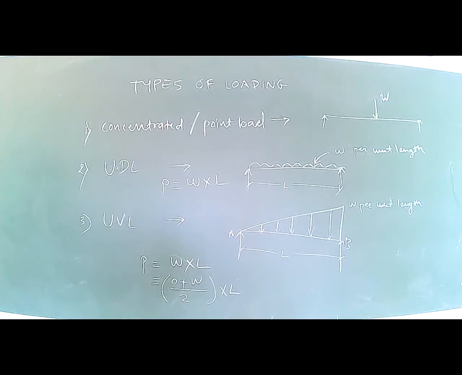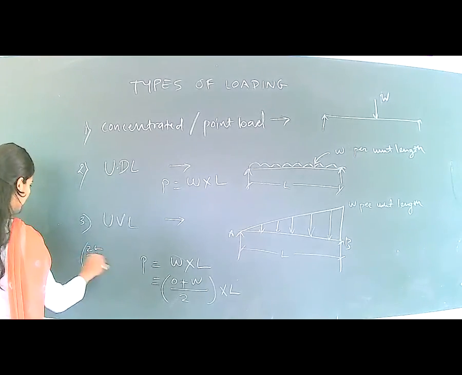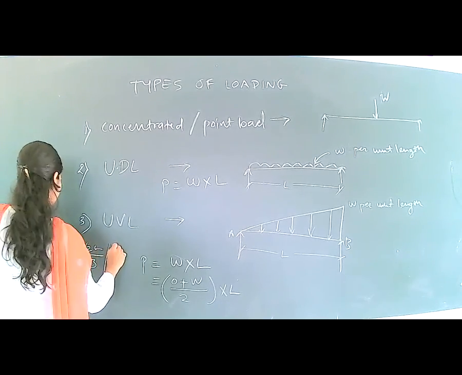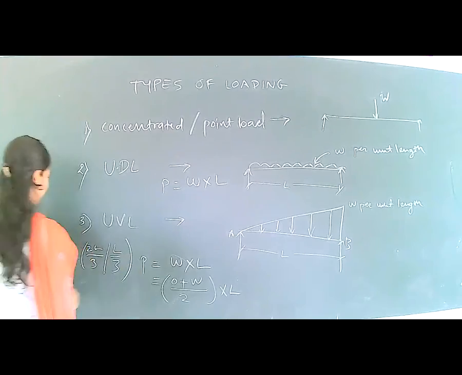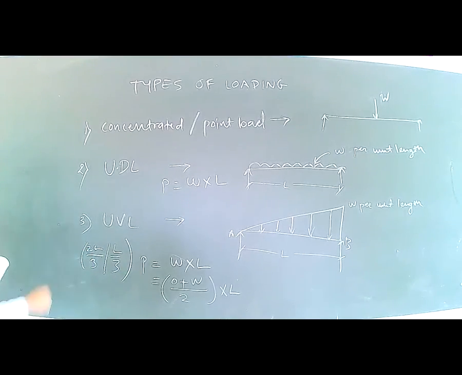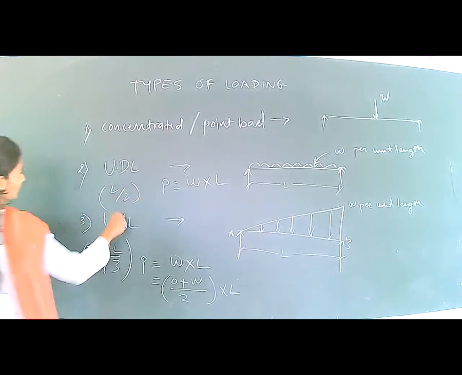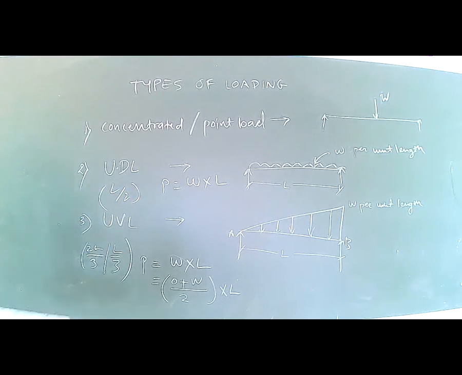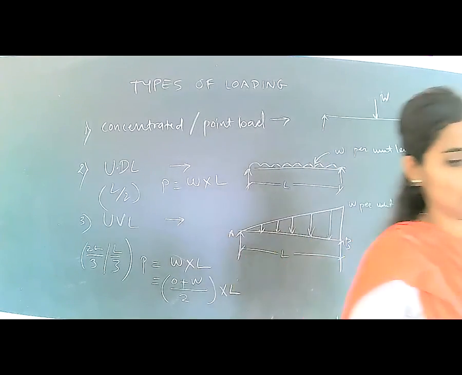You can convert it into a point load, and the line of action of loading, that is the CG, is at 2L by 3 or L by 3. And this is at L by 2. So these are the types of loading.